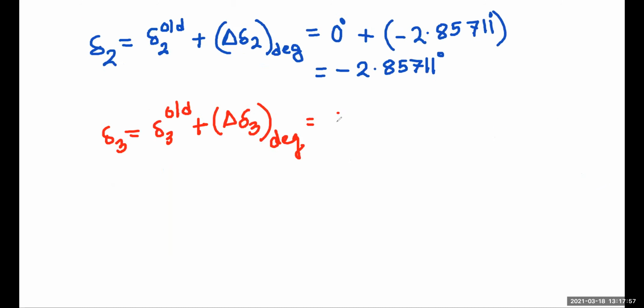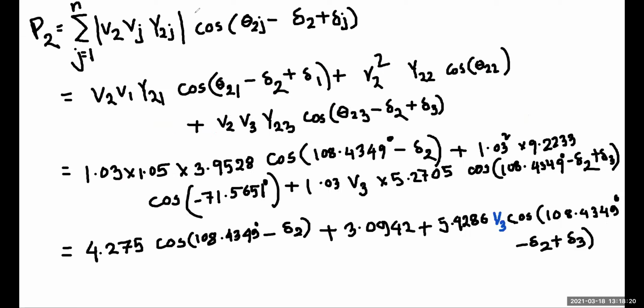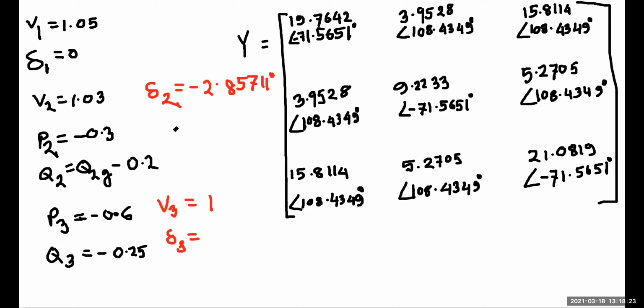So if you do 0 minus that, your result will be 1.97899 degree. So I'm going to update this value here. Okay, so that was our delta.